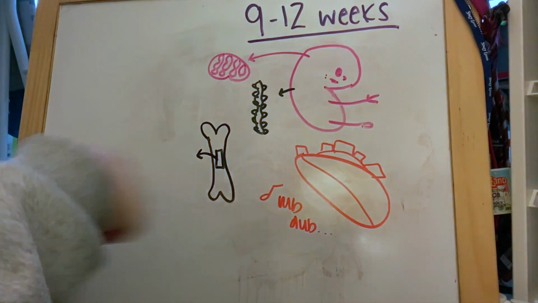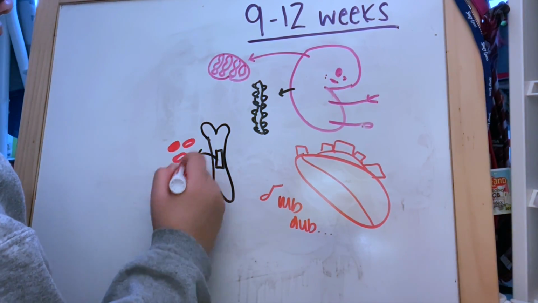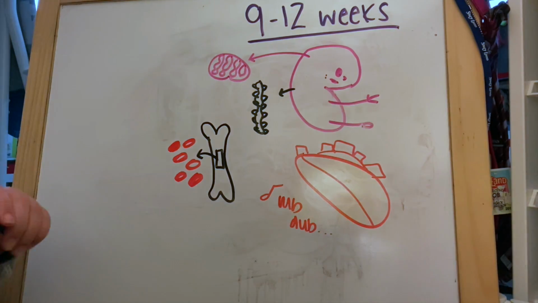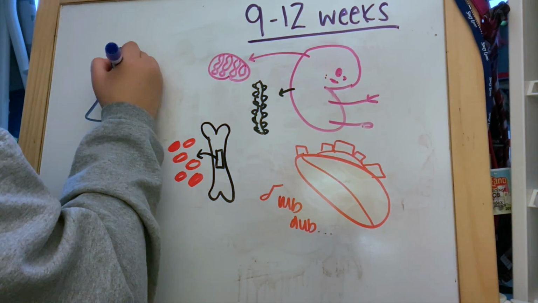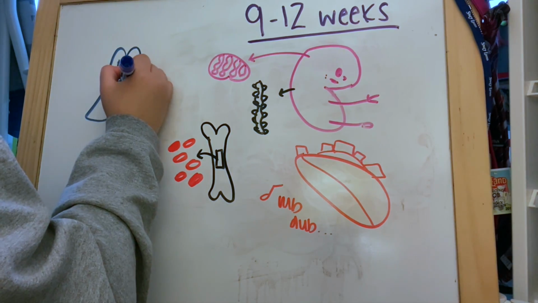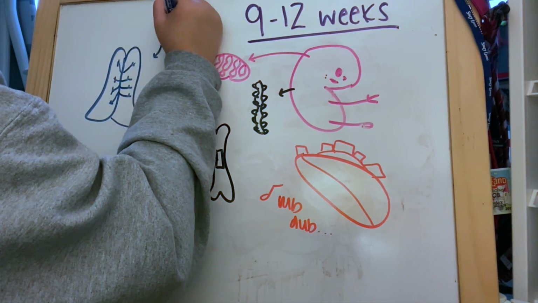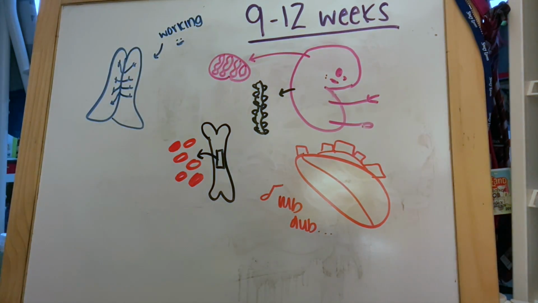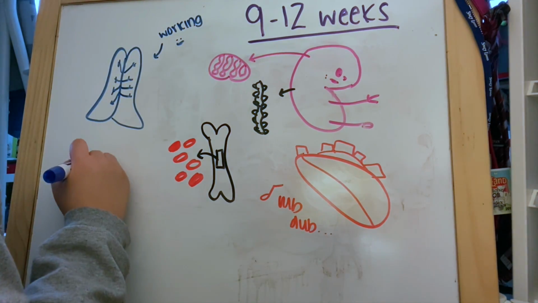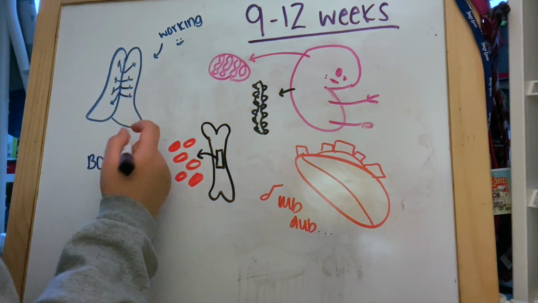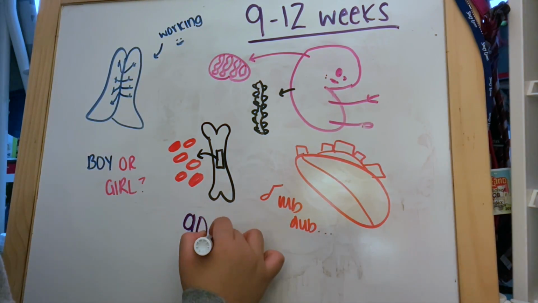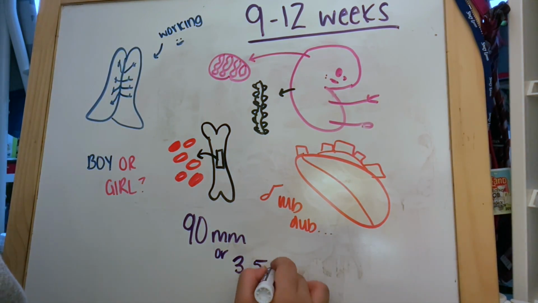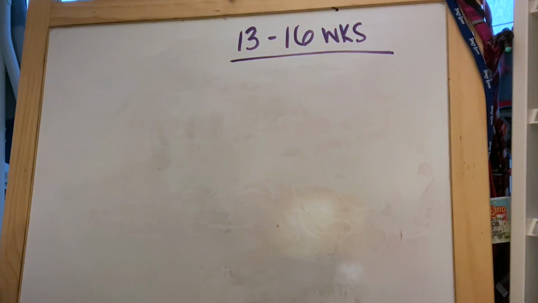Bone formation is still happening, and bone marrow can start doing blood cell formation. Lungs are developing at the same time as well, and the fetus is bringing amniotic fluid in and out. The gender can also be determined at this time. And right now, the baby is 90 millimeters or 3.5 inches.